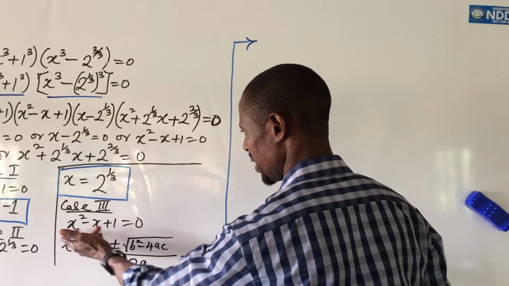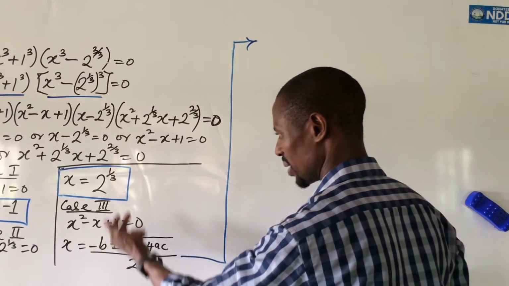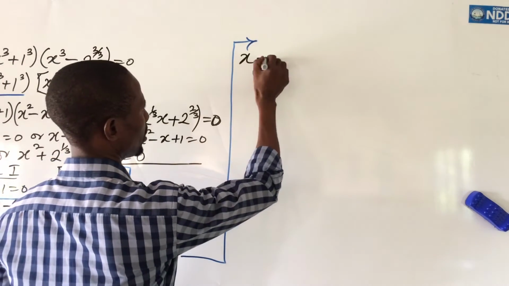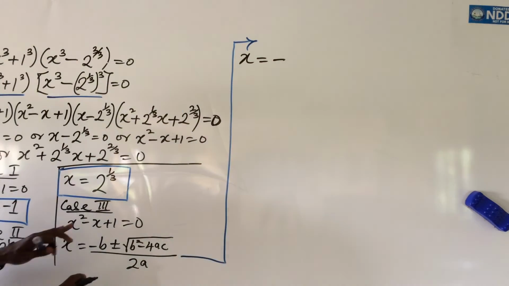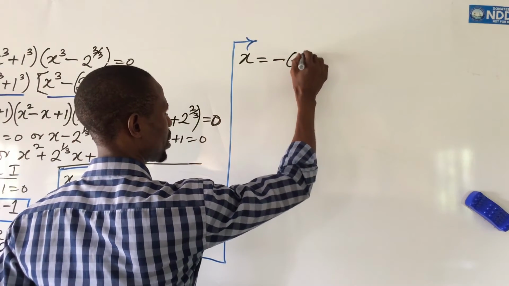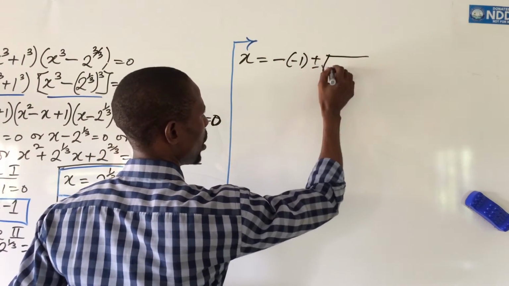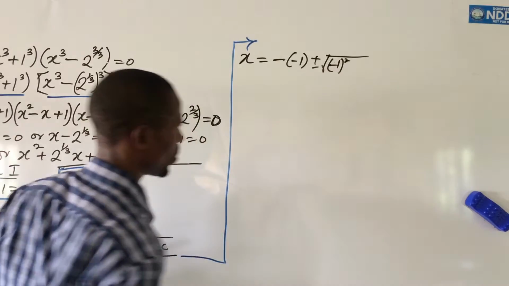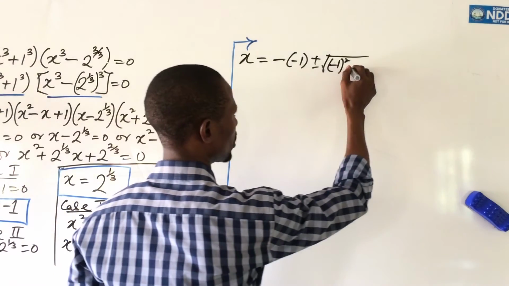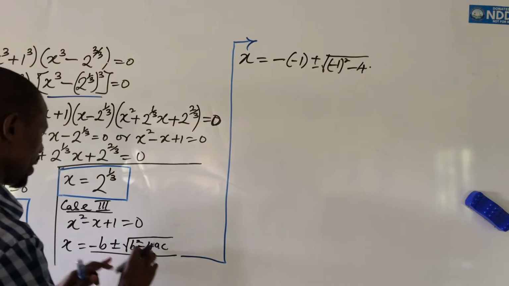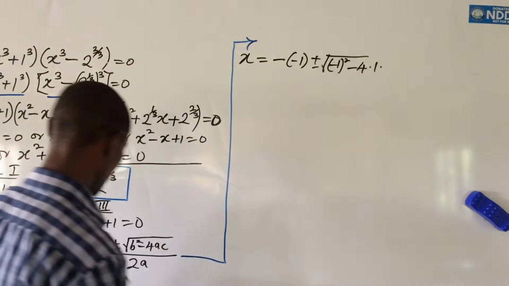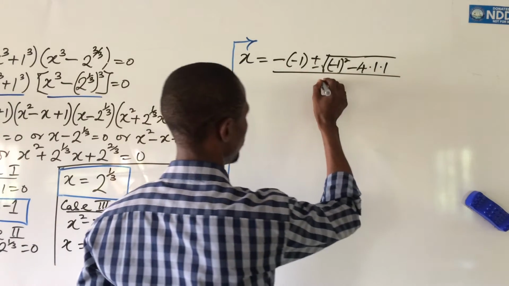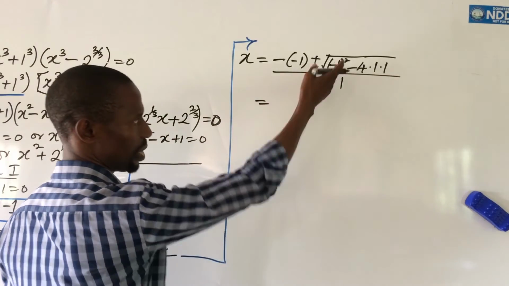If we input a is positive 1, b is minus 1, c is plus 1 into this formula, we have x equal to minus, b is minus 1, so minus the bracket of minus 1, plus or minus the square root of minus 1 all squared, then minus 4 times a, which is positive 1, times c, which is positive 1, all over 2 times 1. The dot here means multiplication.